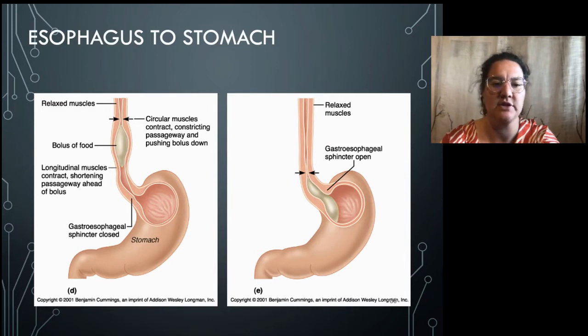And then we have that sphincter at the bottom of the esophagus or top of the stomach, the gastroesophageal sphincter. It's also been called the cardiac sphincter. And if this sphincter is loose or functioning improperly, or your stomach's too full and food does pass back up into the esophagus, this is when people experience heartburn.